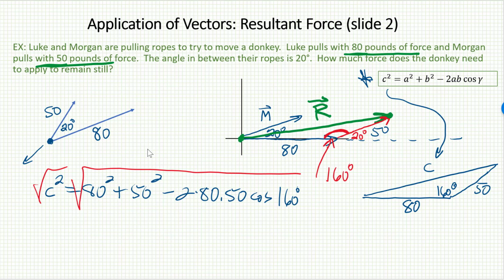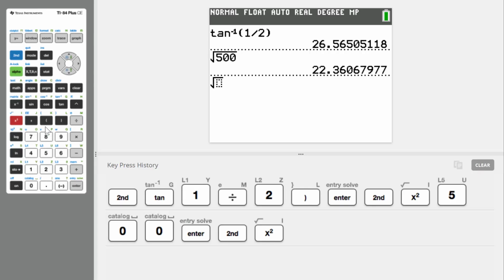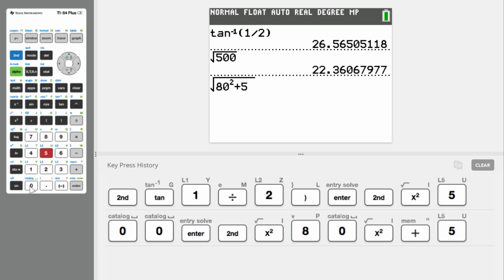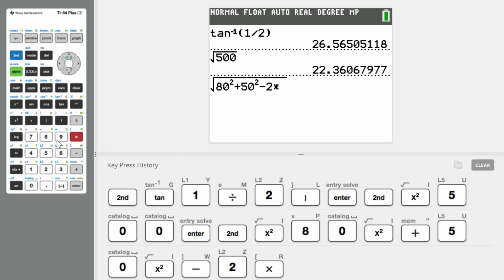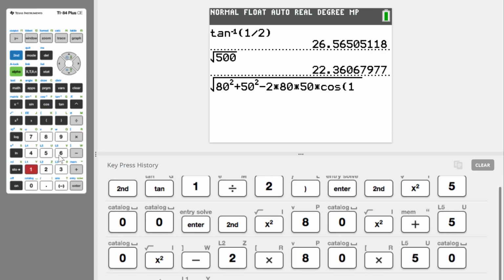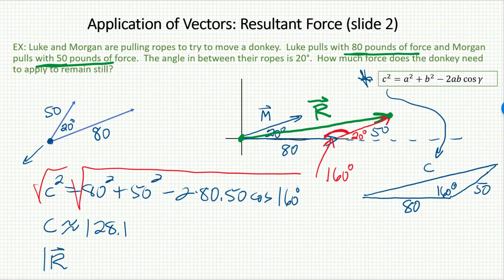I really can just type that all in at once. So square root of 80 squared plus 50 squared minus 2 times 80 times 50 times cosine of 160 degrees. And I am in degree mode, and I end up with 128.1. And that's my answer.